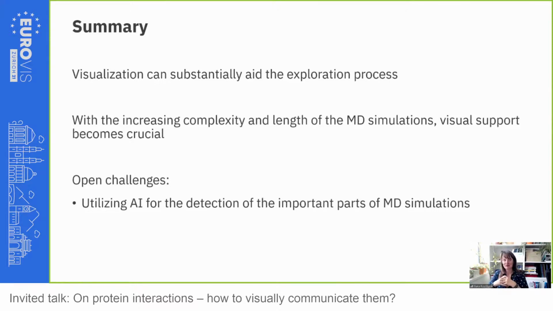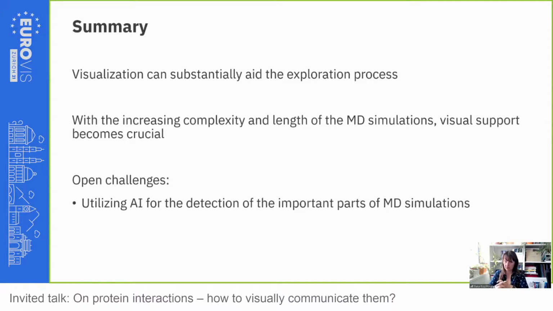It sounds maybe like a buzzword these days, but I truly believe that if we, in combination with biochemists, are able to define, at least to a certain extent, which parameters, which properties, which values of these parameters and properties and combinations are important for certain features and phenomena happening in the molecular dynamic simulations, this could be nicely trained by some network and then reused for other simulations.